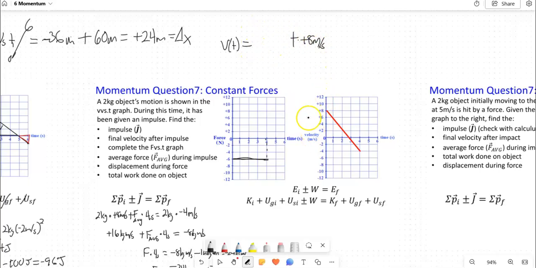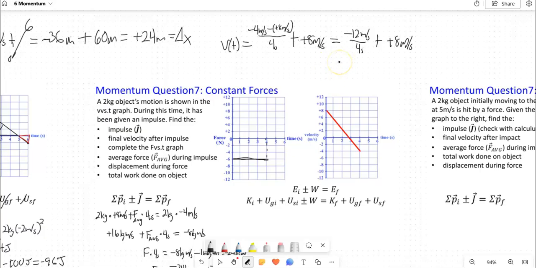The slope of this line is going to be negative 4 meters per second minus a positive 8 meters per second over the period of 4 seconds. So that is going to be negative 12 meters per second over 4 seconds, t, plus 8 meters per second, right?